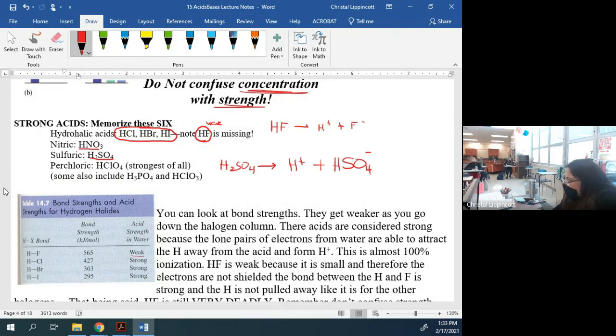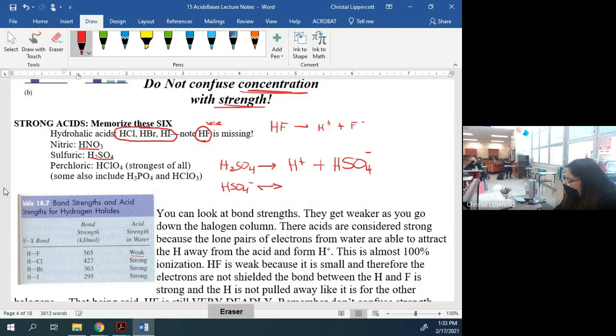This hydrogen right here is strong. So this is going to be this kind of arrow. When we take the second hydrogen and we pull it off, it actually is weak.